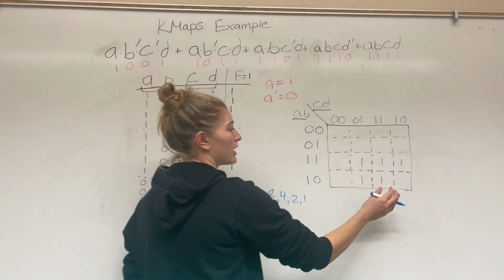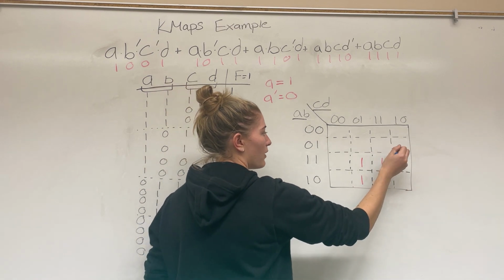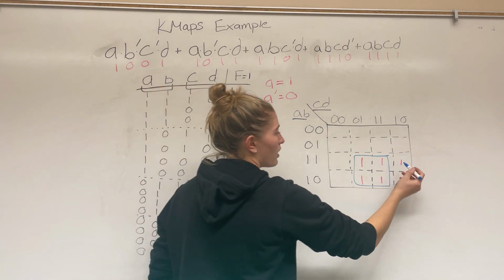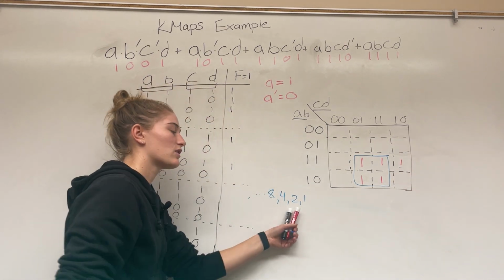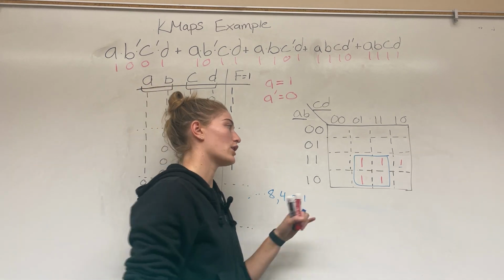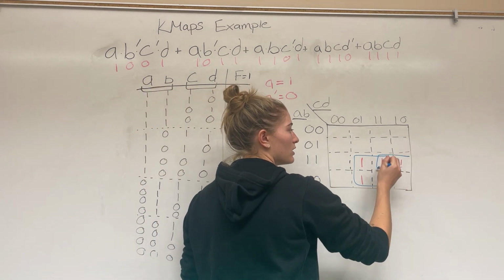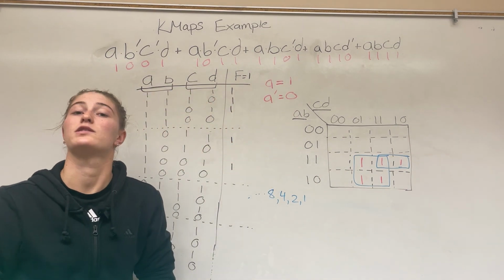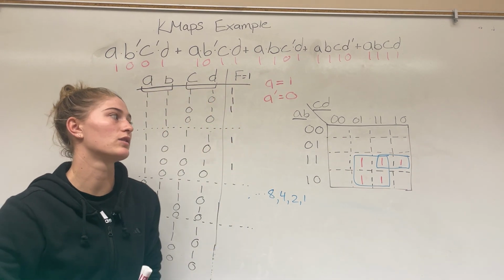Looking on our K-map right here, you'll notice that we've got a box of 4. Let's go ahead and group that. And then we've got a lone 1. That lone 1 can either be a group by itself in a single box, or we can make it a group of 2 by doing a little overlap here and having a bigger grouping. That's going to be easier for simplification, which is why I recommend doing a group of 2 instead of 1.